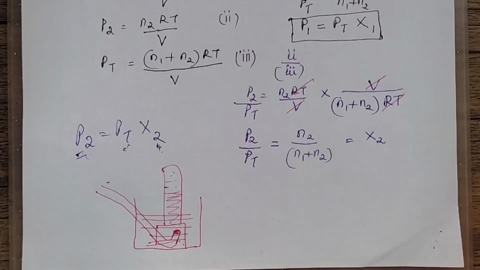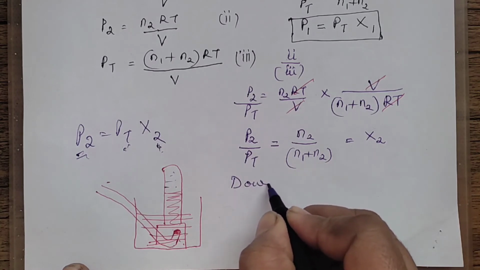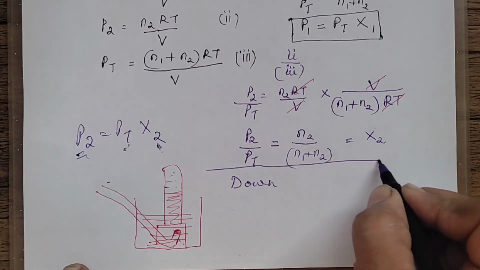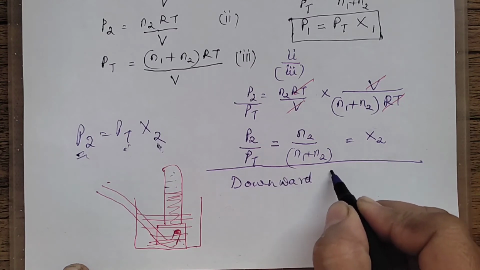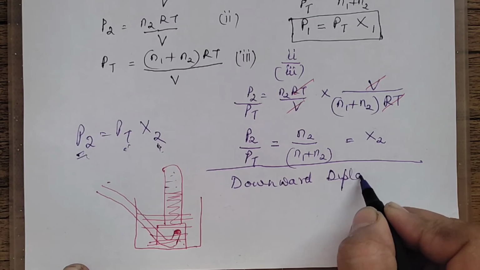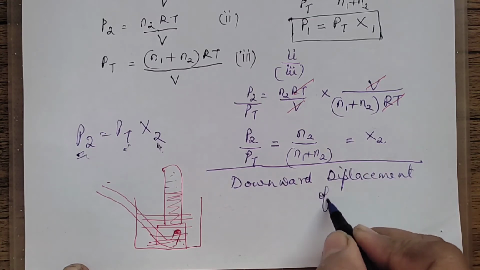Yeah, now another important thing. This type of figure, you will find sometimes the question is given like the gas is prepared by downward displacement of water. Some gas is collected in a container by the downward displacement of water.